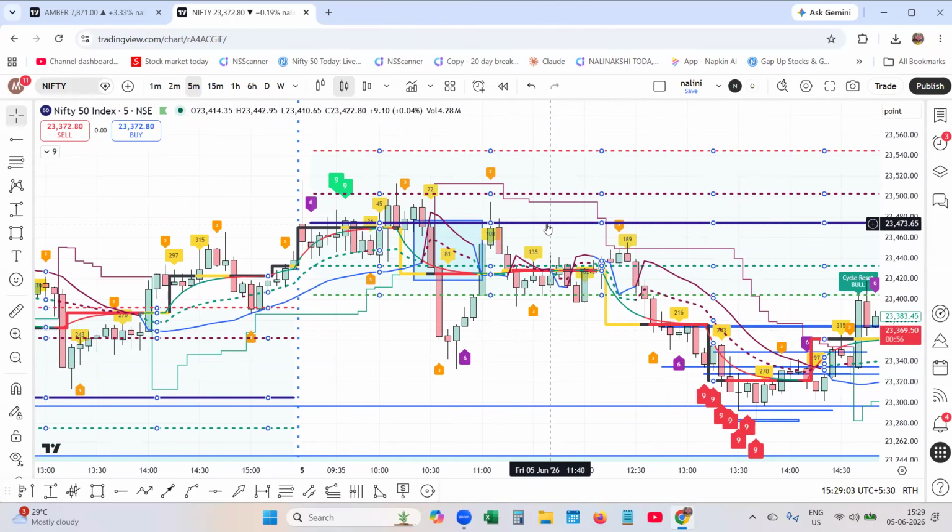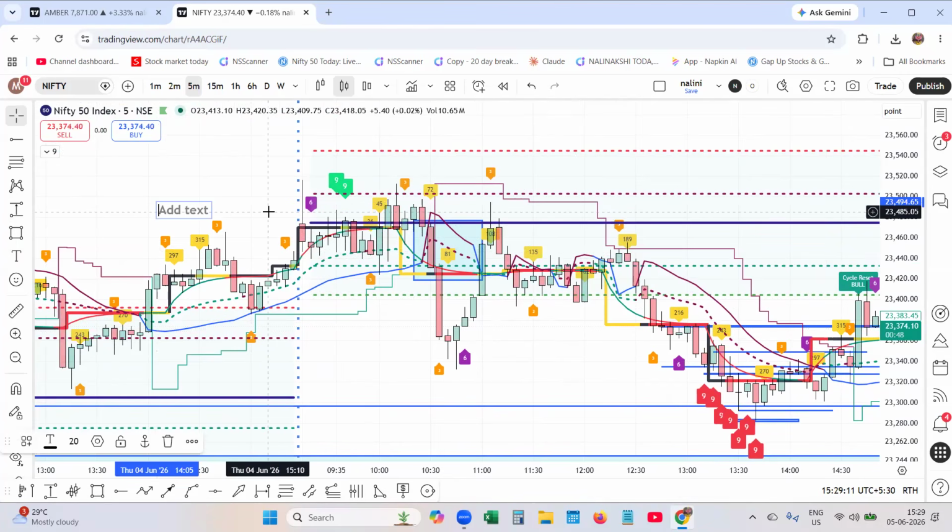So select the 23,473 as the straddle. Then you select the 23,500 call option. Sorry, 23,500 call option and 23,600 put option. Then apply on the chart.